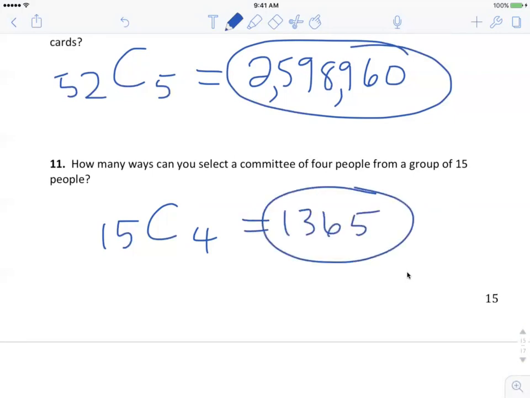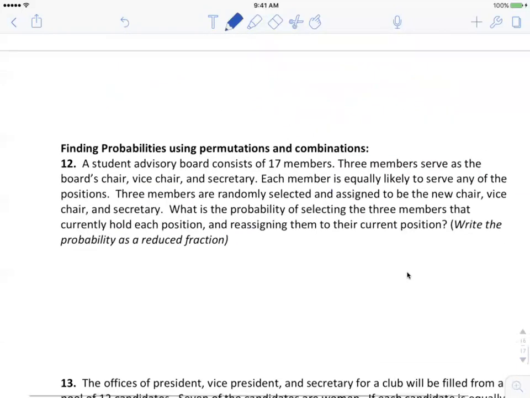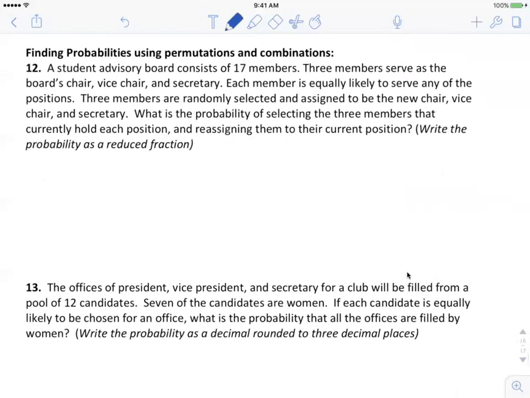All right. Next, finally, we're going to put this all together and do some probability questions using permutations and combinations. So number 12: a student advisory board consists of 17 members. So we got 17. 3 members serve as the board's chair, vice chair, and secretary.